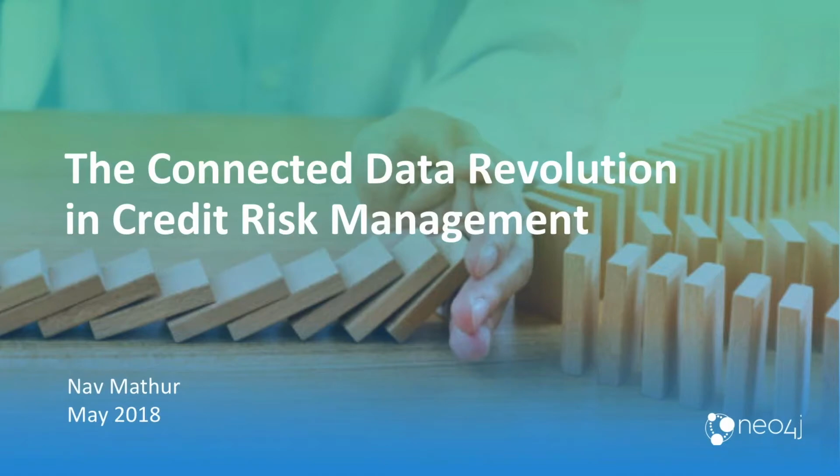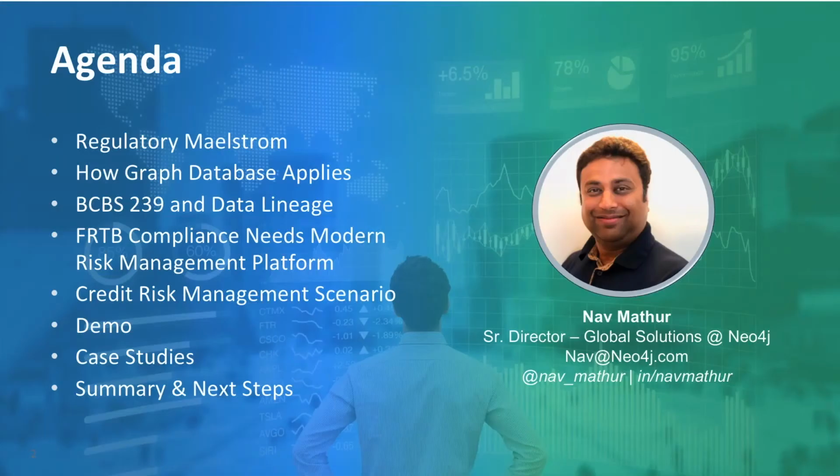Getting into the agenda, we're going to talk about the regulatory maelstrom that has hit financial services in the last few years. I will talk about how graph databases apply to the situation. We'll talk a little bit about BCBS 239 compliance and the key factors required to comply.